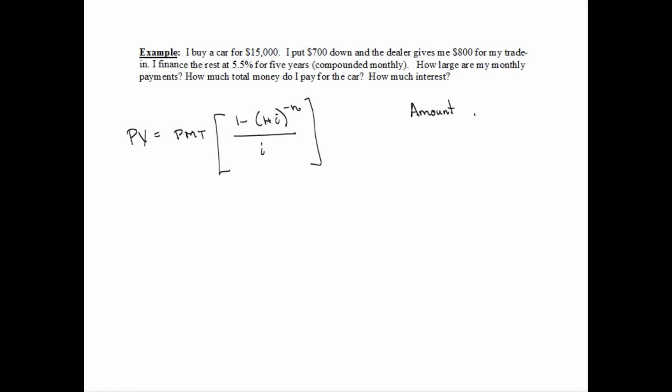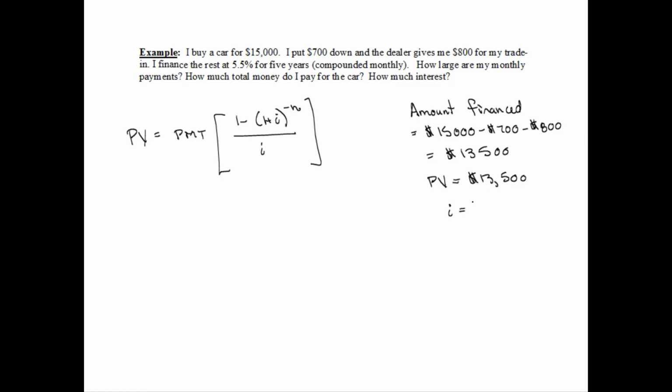That will be the amount that is financed: the price of the car, $15,000, minus the $700 down, minus the $800 for my trade-in, which I could really think of as a combined down payment of $1,500. That gives me $13,500. That's my present value.